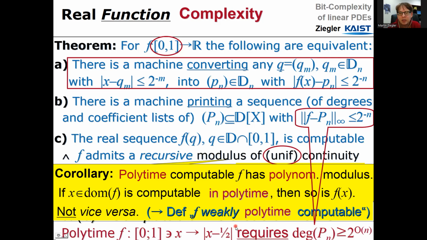But from approximation theory, it follows that approximating that already requires polynomials of exponential degree. So we cannot even input or output polynomials approximating that simple function up to error 2 to the minus n in polynomial time. And this is the reason why we reject this definition when it comes to complexity. It's only good for computability. For complexity, definition A is the appropriate one.